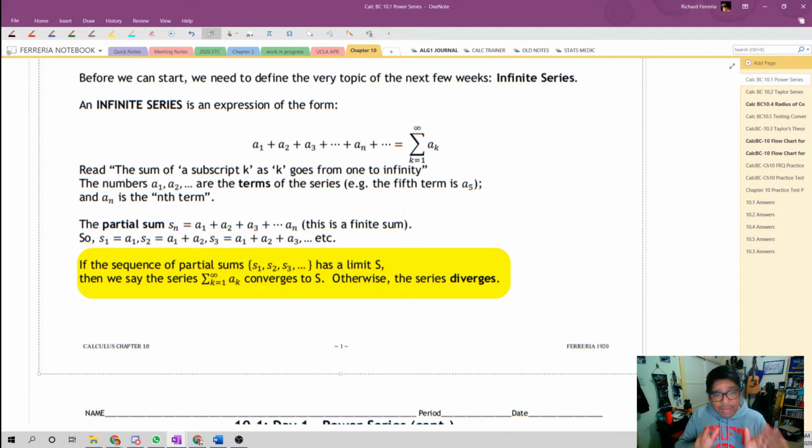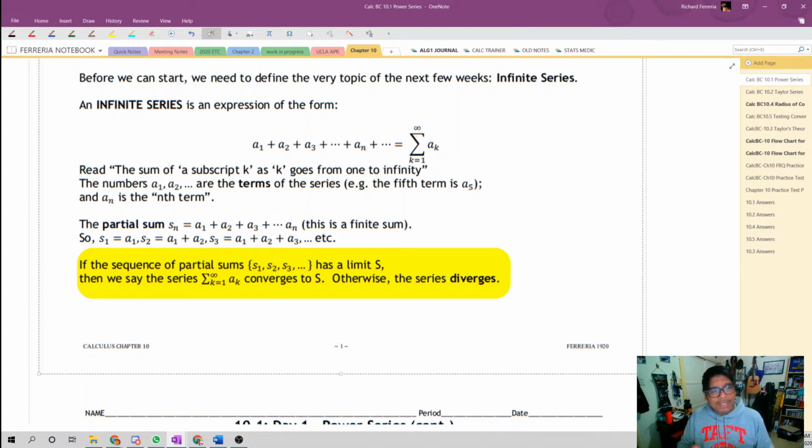If we add an infinite number of terms and that sum approaches a number, then that number, the limit, is said to be S, and we say the infinite series converges to S. If the infinite series doesn't converge, then the series is said to diverge.